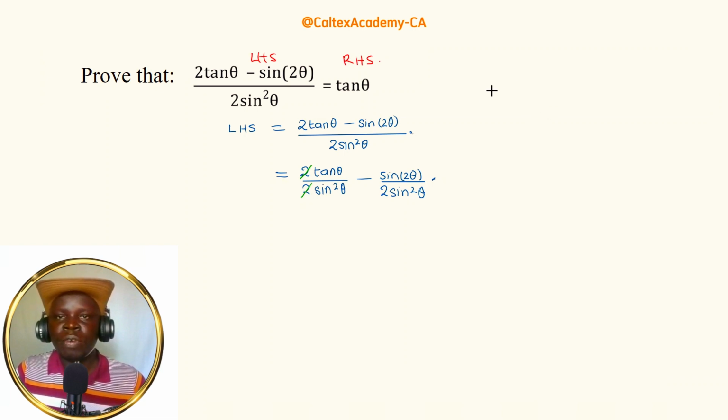Now, remember from what we learned earlier in grade 10 that if you are given tan of any angle theta, this is equivalent to sine of the same angle theta divided by cos of the same angle theta.